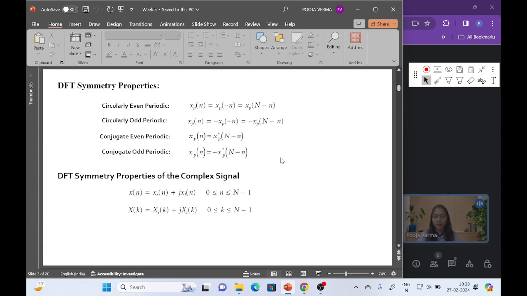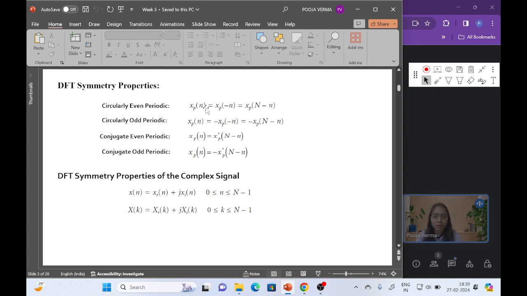Okay, and the next property is the DFT symmetry property. There are four parts: circularly even periodic, circularly odd periodic, conjugate even periodic and conjugate odd periodic. So what is an even signal?